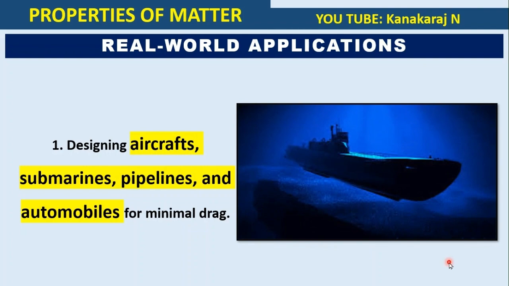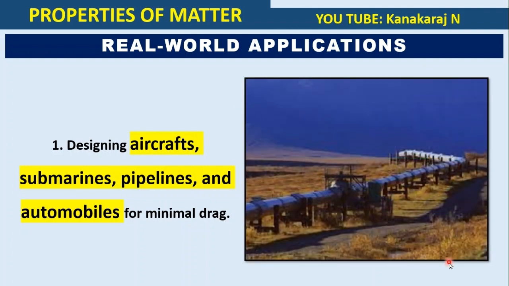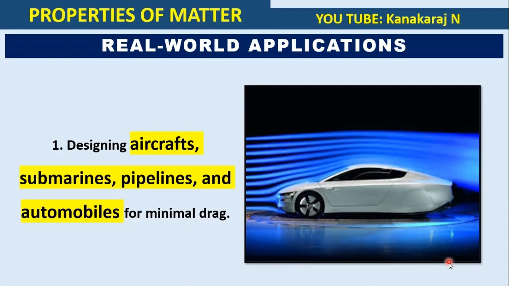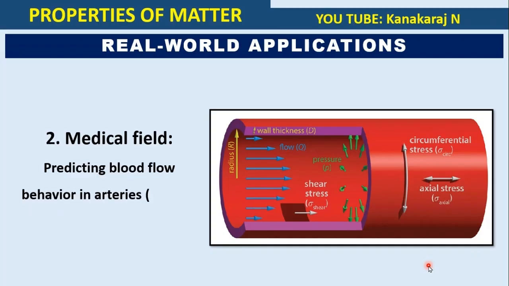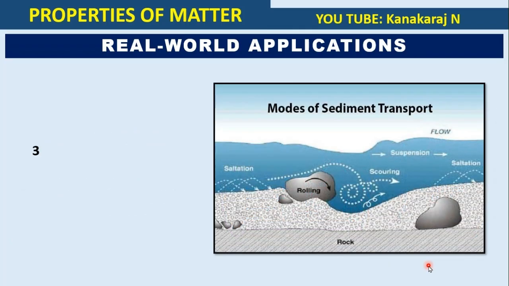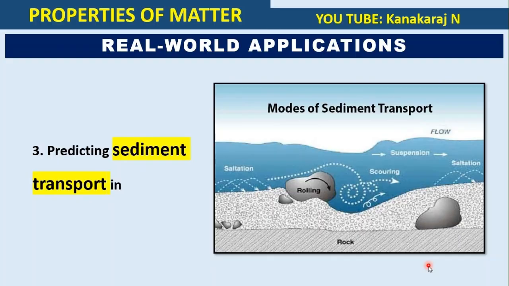Here you have the submarine, a pipeline, and a car. Medical field: predicting blood flow behavior in arteries, laminar or turbulent. Predicting sediment transport in rivers and estuaries.